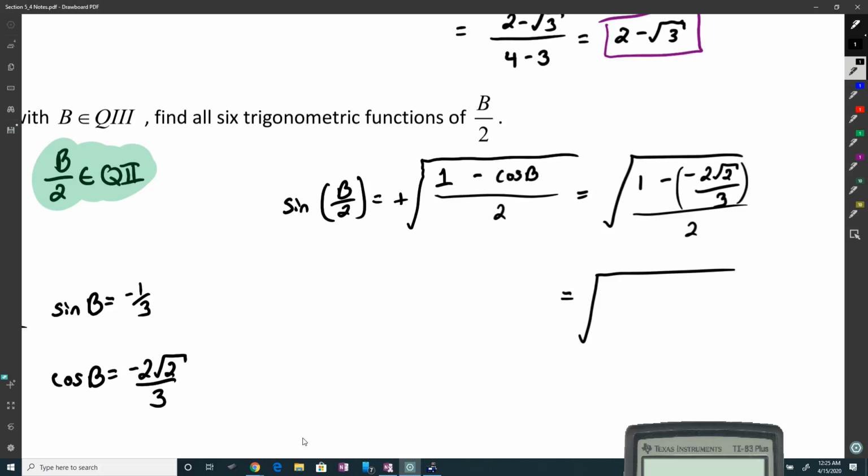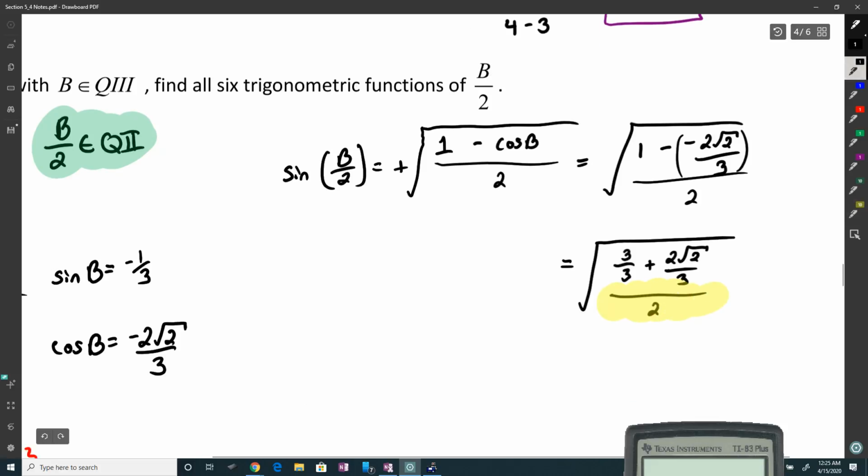And so here we have 2 over 2, or 3 over 3, because that's the denominator, plus 2 square root of 2 over 3, all divided by 2. But like I said, dividing by 2 is the same as multiplying by 1/2.